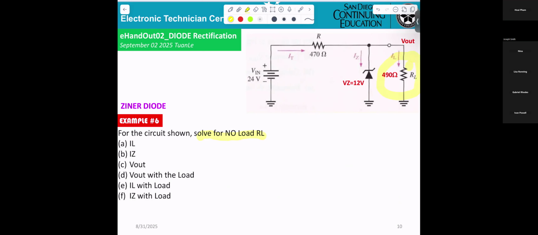The question is they want to know IL. If you don't have an IL, then IL will be 0, right? Yep.